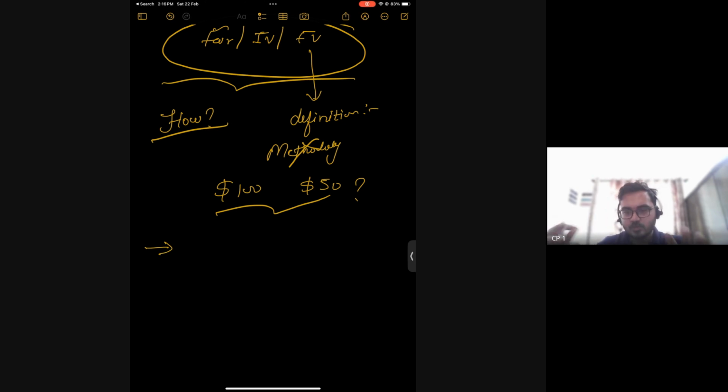The first and foremost, which is usually the most recognized methodology, is called discounted cash flows, famously known as the DCF method.